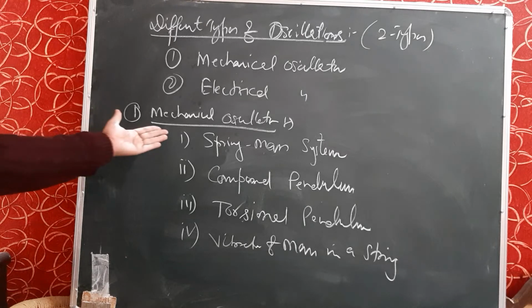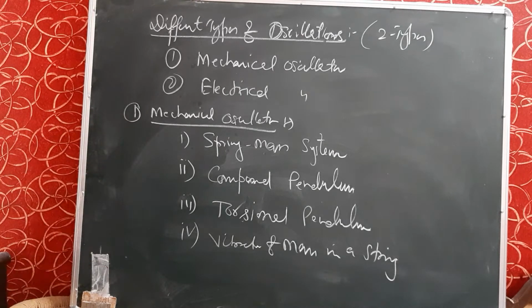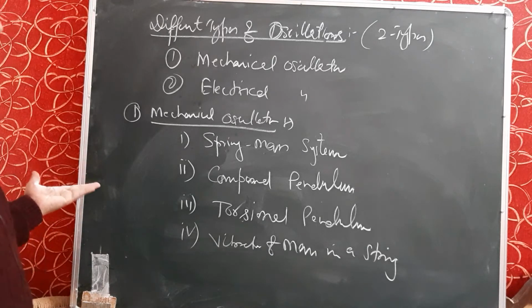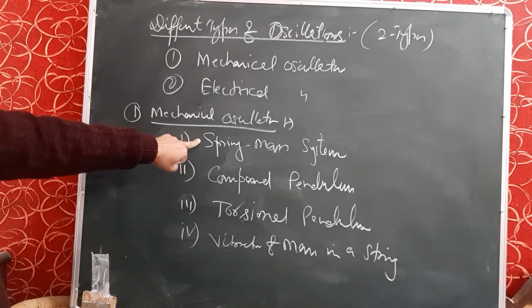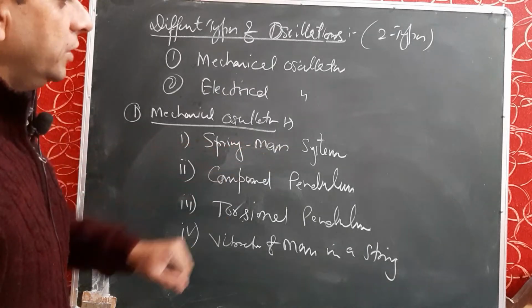So mainly there are four types of mechanical oscillator which we will study. The first, second, and third are important. You are already familiar with the first oscillator, the spring mass oscillator.